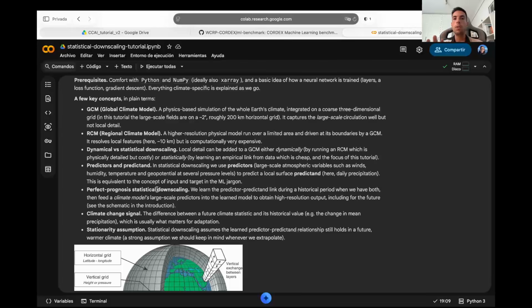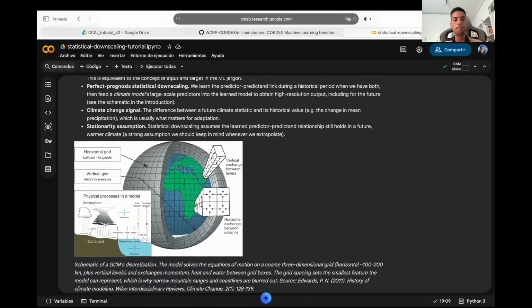I will not go into the details right now, but later I will try to give you an introduction to perfect prognosis statistical downscaling through a scheme that I have included in the notebook. Again, you can find more details in the notebook itself.